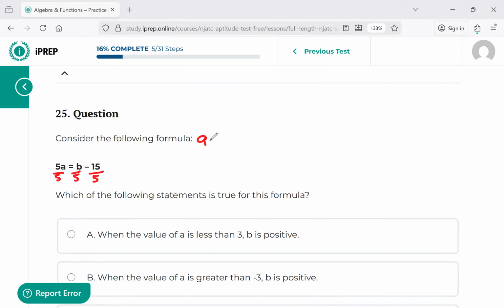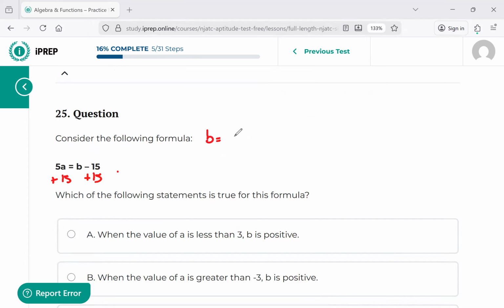So I get a equals 1/5 b, and then negative 15 divided by 5 is negative 3. Actually, I think it's easier to get b by itself. So I'm going to add 15 to both sides. That's much easier.